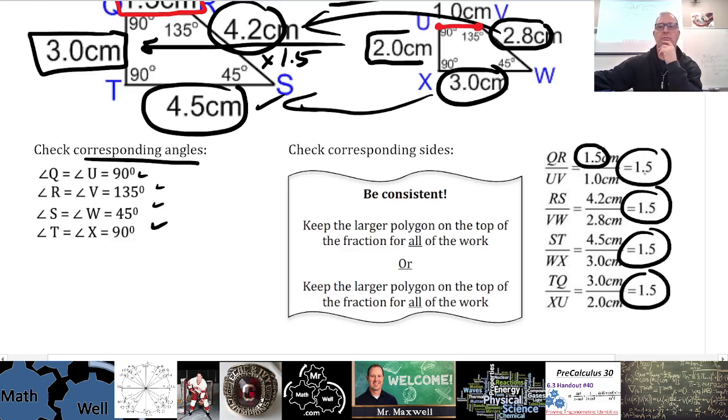If all these numbers are different, or if they're all the same except for one side. See, if one side was out of whack, that's an old expression if you've heard that before. If one side was a little bit funny, then we truly wouldn't have all the same angles either. So think about this, right?